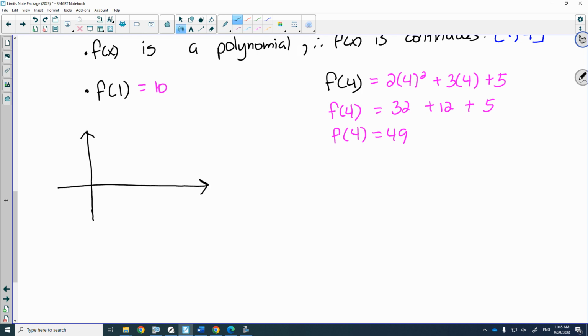And when you understand this, you won't even need to do the sketch, but f of 1 is 10. So 1, 2, 3, 4. I'm just going to put 10 here. This polynomial is going from 1 comma 10 to 4 comma 49. So I'll just have 49 way up there.